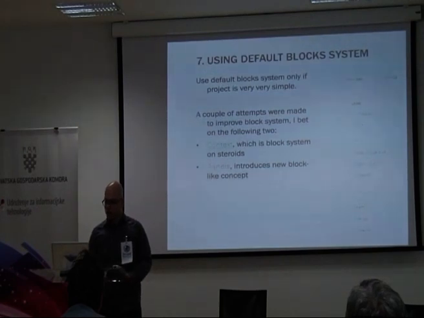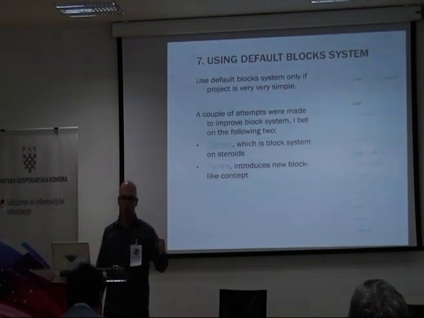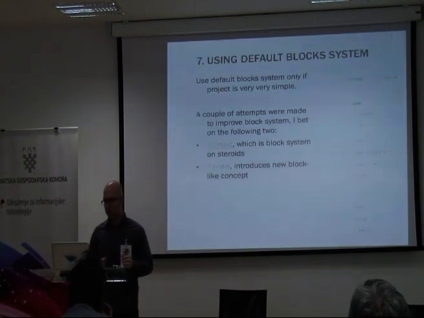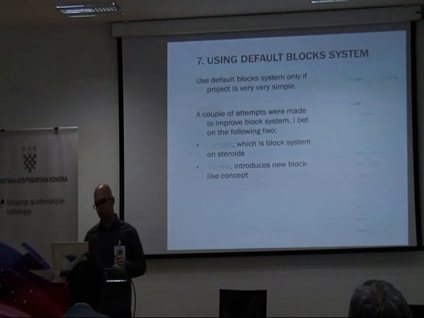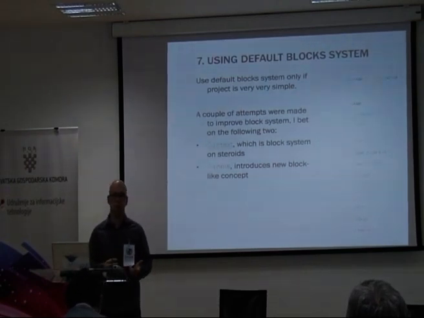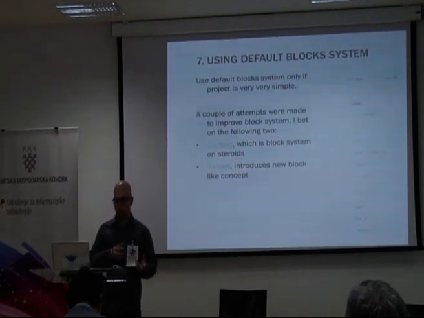This is also for the site building. So Drupal comes with a default block system. This is the page where you can arrange your blocks into regions, and that kind of sucks because if you get a complicated system or a complicated project, it will give you overhead because it has unlimited possibilities of where you want to display some block or where you don't want to display some block.